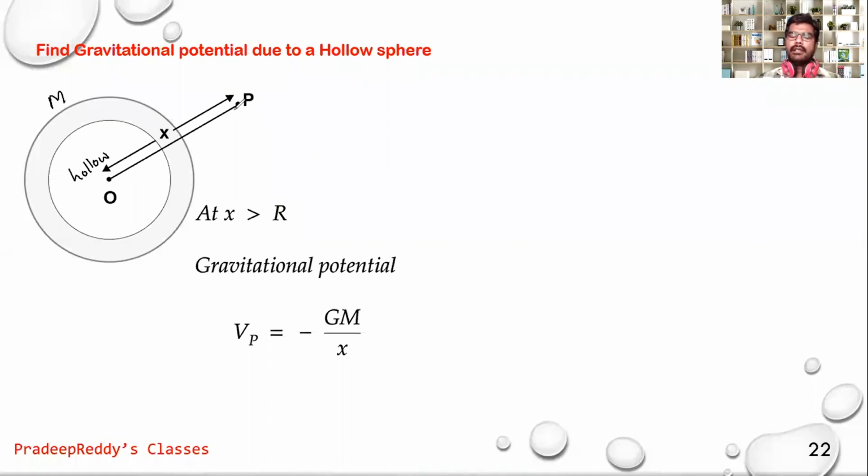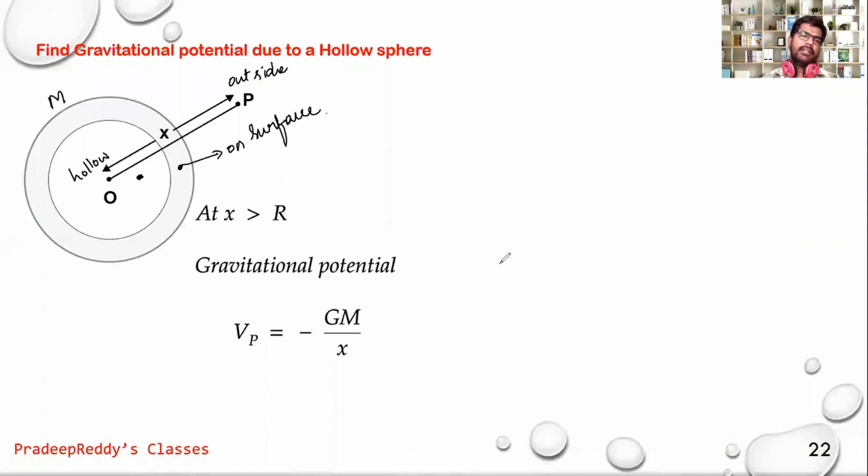You are measuring gravitational potential, and this is outside the sphere, and this is on the surface, and this is inside, and this is at the center.